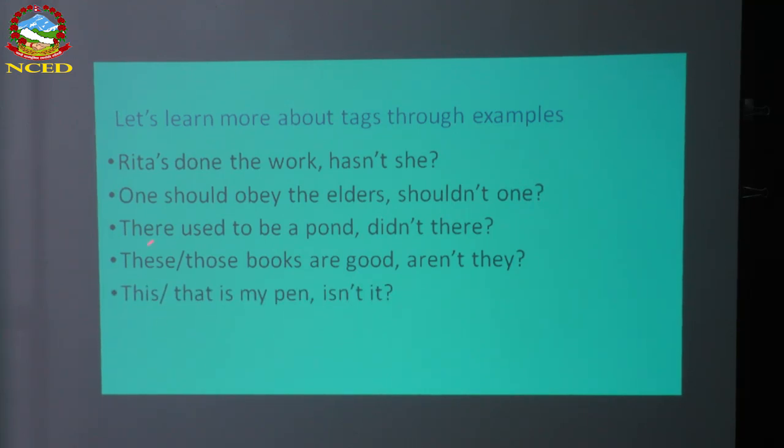When there is use of "this" or "that," as in "This is my pen," what happens in the tag? We use "it" instead of "this" or "that." "Isn't it?" Isn't it is the question tag. This is my pen, isn't it? Positive statement, negative tag.